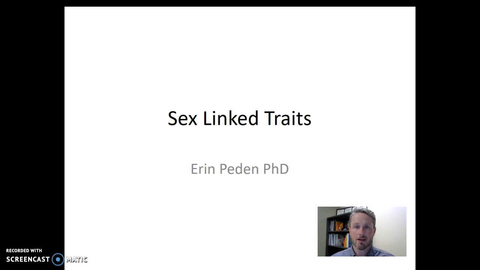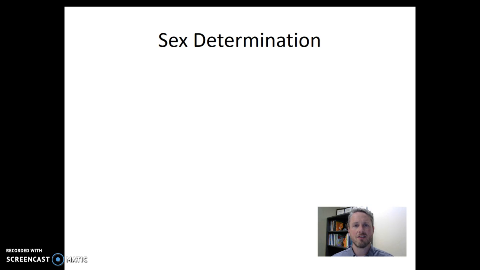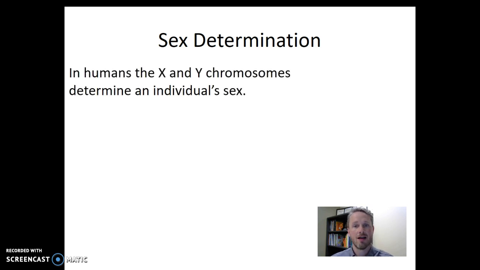So let's start by considering what we mean when we say something's sex-linked. That's going to relate in a way to sex determination, that is how it is figured out genetically if an individual will be male or female. In humans, it's the X and the Y chromosomes that determine an individual's sex.